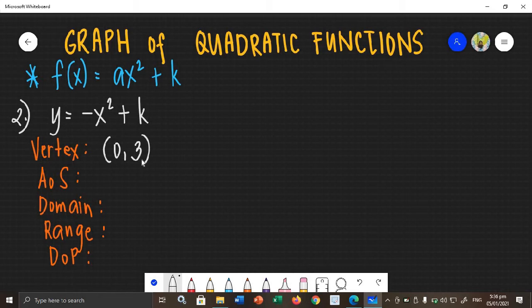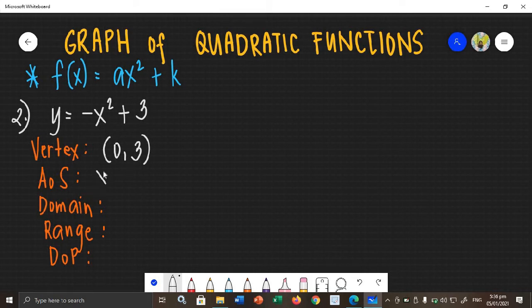The k is depende sa given. So, I'm so sorry, k yung pala yung nalagay ko dito. It should be 3. No? So, yung h natin in this form of quadratic function is always 0, and then the value of our k is depending on our given. So, in this case, the k is positive 3, so the vertex is at 0, 3.